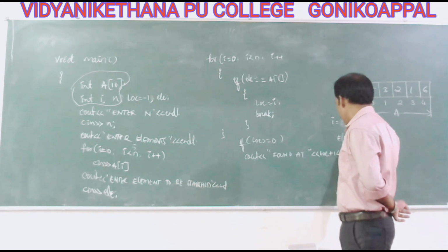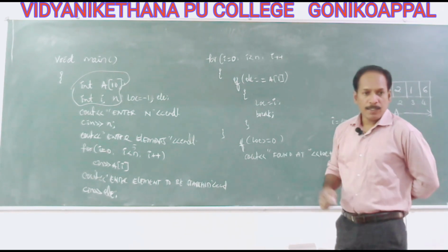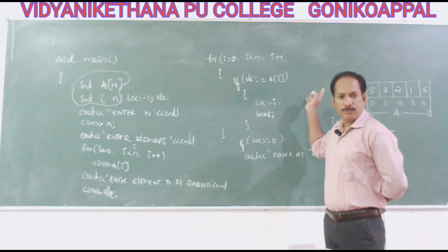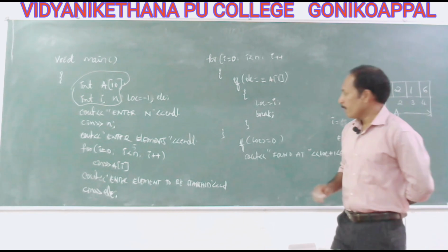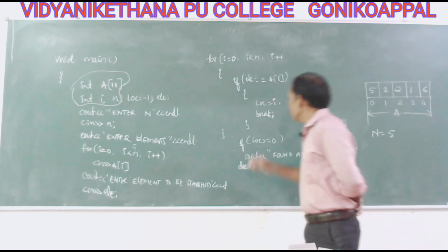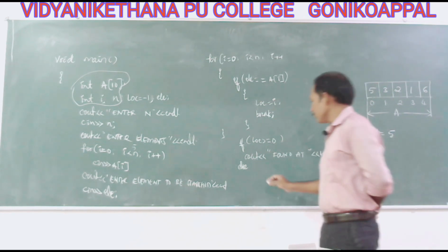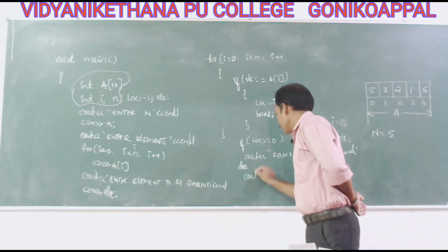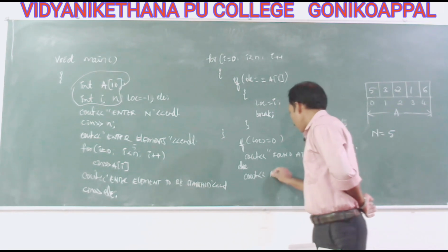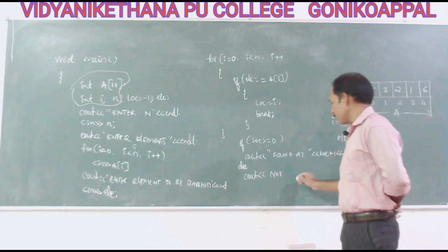Because the subscript is 0, 1, 2, 3, where it is present, you can write LOC plus 1, that is 1, 2, 3, 4, first position, second position. So else means this condition never becomes true, so they are not matched. Therefore LOC remains minus 1, so cout not found, element not found, unsuccessful, any message you can give, so not found.